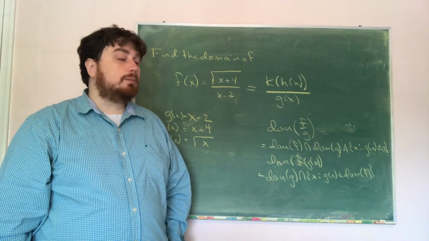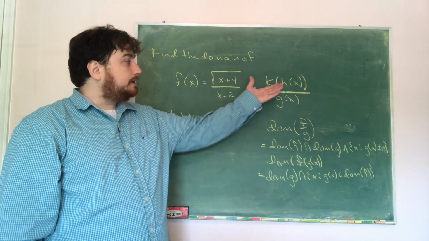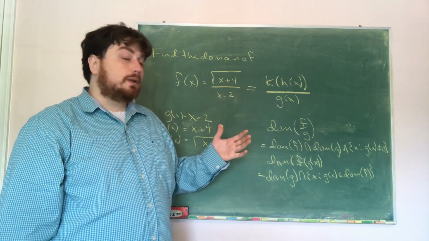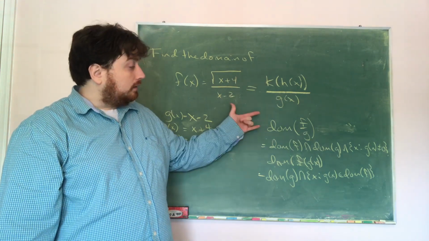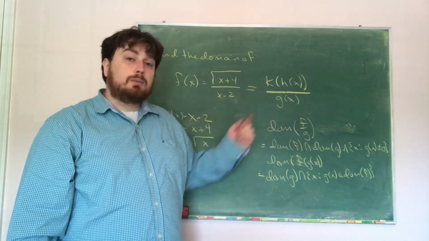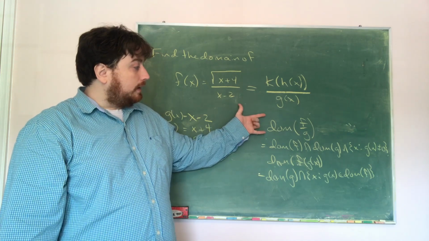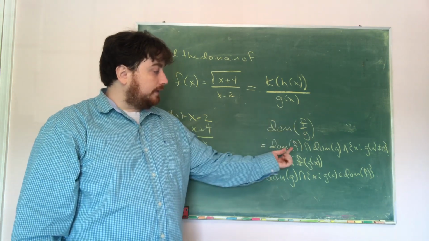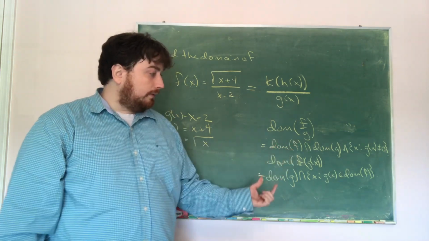Alright, so now in order to combine these, what we need to know is that if we're finding compositions of functions or quotients of functions, and we want to find the new domain, we would have seen in class that the domain of a function divided by a function can be found as follows. In order to get an answer out when I plug it into f over g, I have to get an answer out when I plug it into f, so I would have to be in the domain of f.